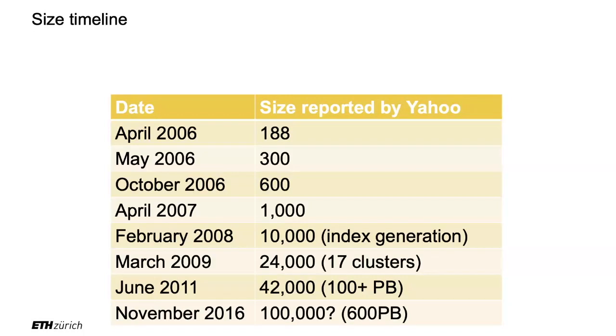So you see that it went from almost 200 computers, this is the number of machines here, so you had a cluster of 200 computers in 2006. And we suspect that in November 2016, they reached something like 100,000 computers, which is the upper bound of a data center, what you fit in a single data center. That corresponds to 600 petabytes of data.